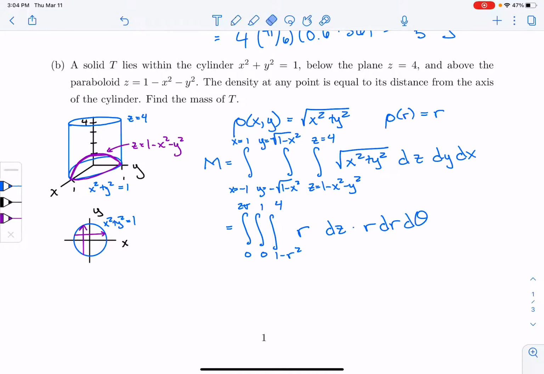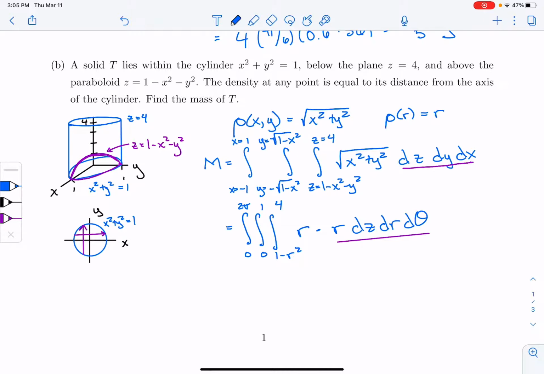I'm going to go ahead and just write this as r times r dz dr d theta. So think about the fact that dz dy dx is getting replaced by r dz dr d theta. There were a lot of places where I saw an x squared plus y squared.